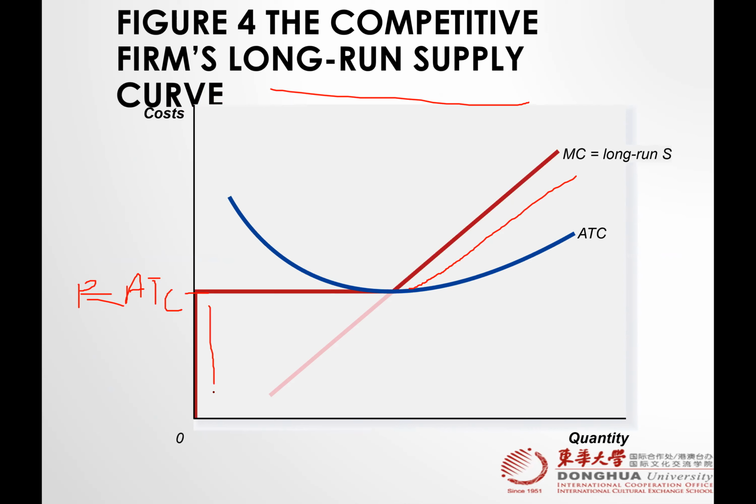So below this point, price is going to be less than average total cost. So that part of MC which is above the average total cost. So the long-run supply curve for a competitive firm in a competitive market is the part of MC above average total cost. Right, guys?